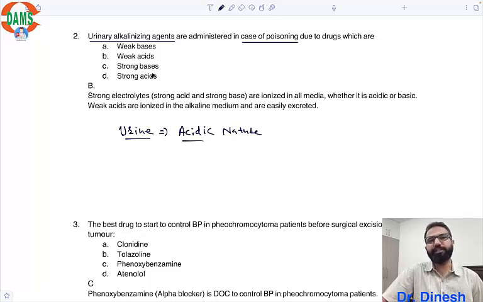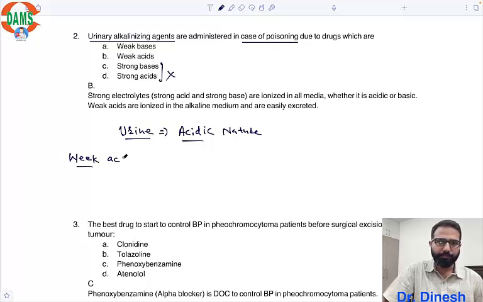When mild acidic drugs are used, we don't use the strong acid or strong base, so that is out of the choice. Now we are using the weak acid or weak base. Suppose we are using weak acidic drugs, like aspirin and barbiturates.